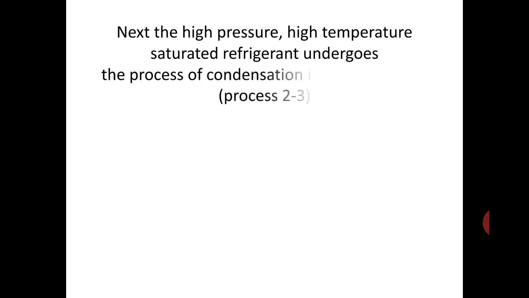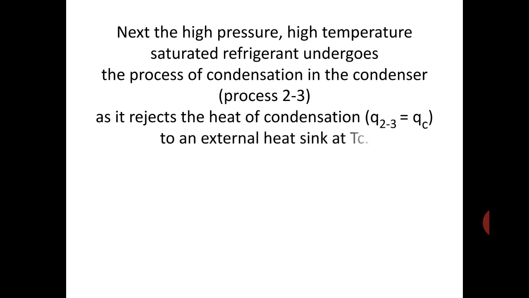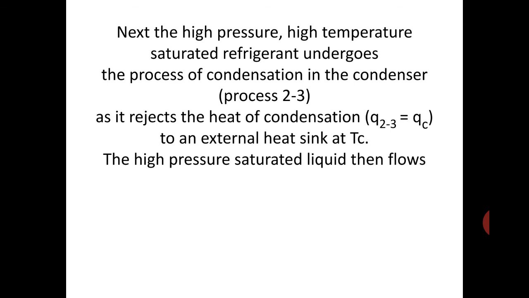Next, the high pressure, high temperature saturated refrigerant undergoes the process of condensation in the condenser, that is the 2 3 process, as it rejects the heat of condensation Q2 3 equal to QC to an external heat sink at temperature Tc.